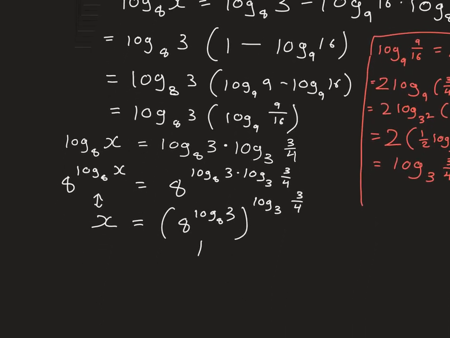So here this is definitely just 3, and then raised to the power log base 3 of 3/4. And this means that x is 3/4 because 3 raised to the power log base 3 of 3/4 is 3/4 by definition.